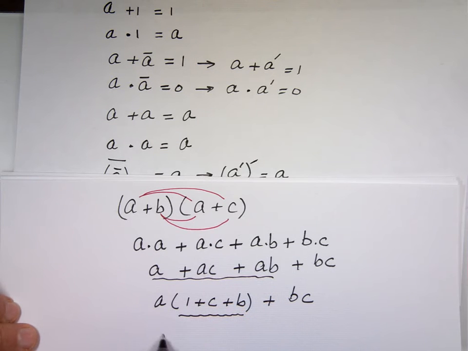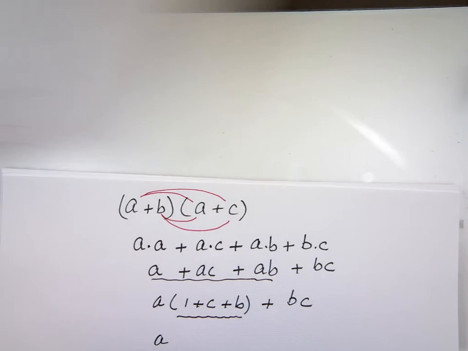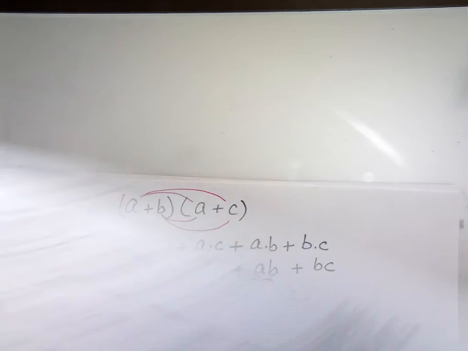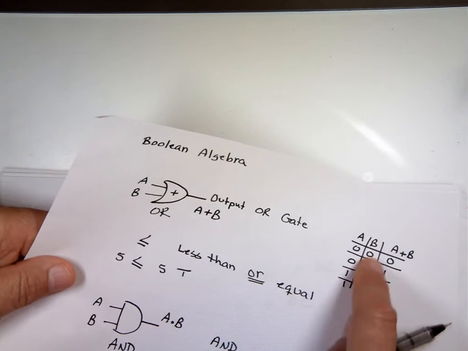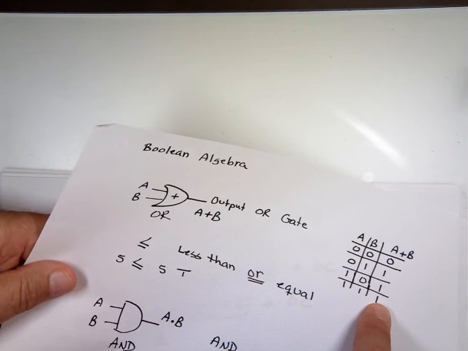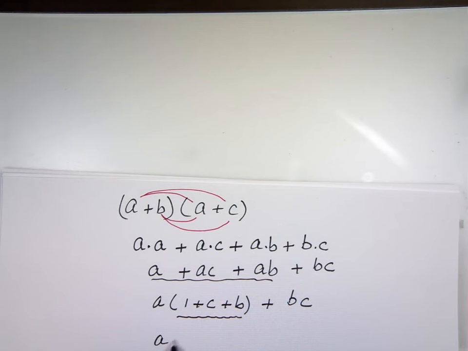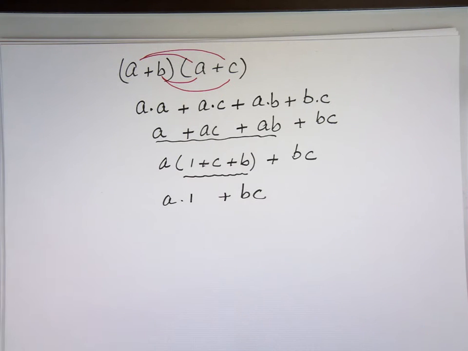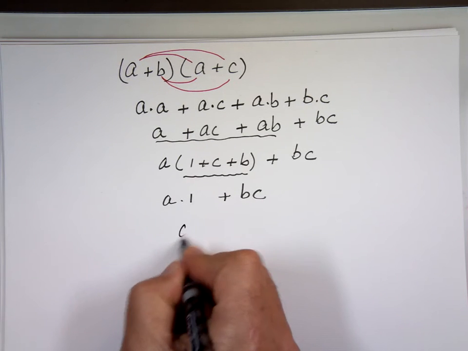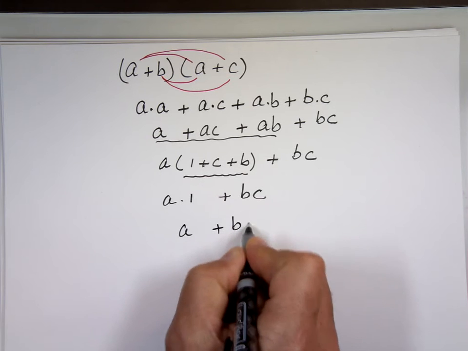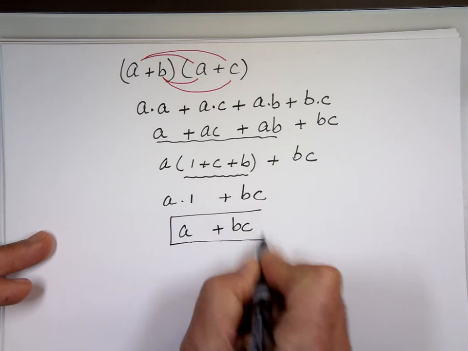Doesn't matter what C and B are. Once one of the inputs of an OR gate is 1, I don't care what the other one is, the result is 1. So this gives me A and 1. And what's A and 1? We listed that, that's an A. So that's why this is really equal to that.